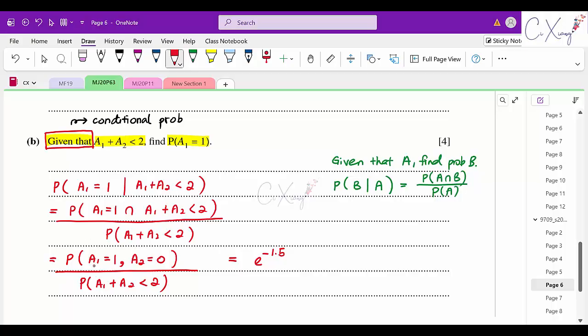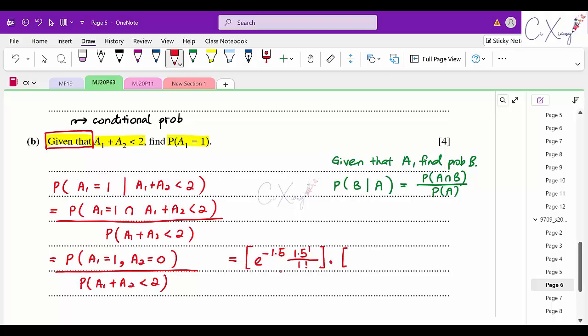Because for this calculation I only focus on a1 itself, so the lambda for a1 should be 1.5. Then e to the negative 1.5, times 1.5 power 1, divided by 1 factorial. This is the probability of a1 equals to 1.